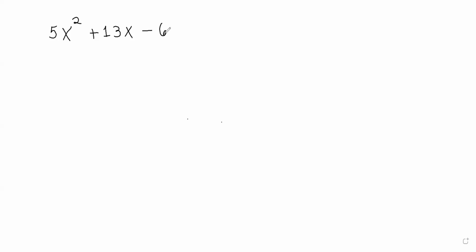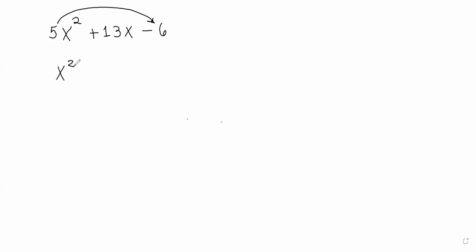Just looking at this problem, I see the constant, the number at the very end. That's a negative number, so I know the signs are going to alternate in my answer. But look what's different: I actually have a number in front of the x squared. I have a leading coefficient. So what do we do with it? When this happens, you multiply your leading coefficient times your constant.